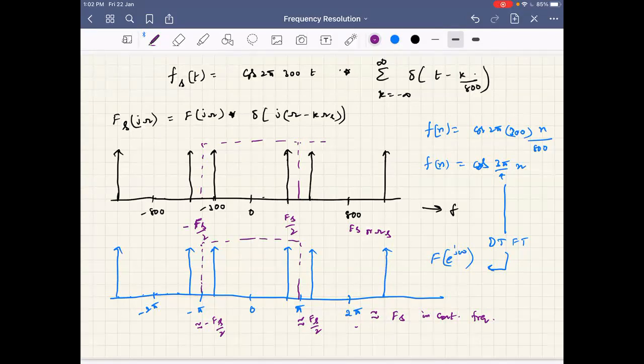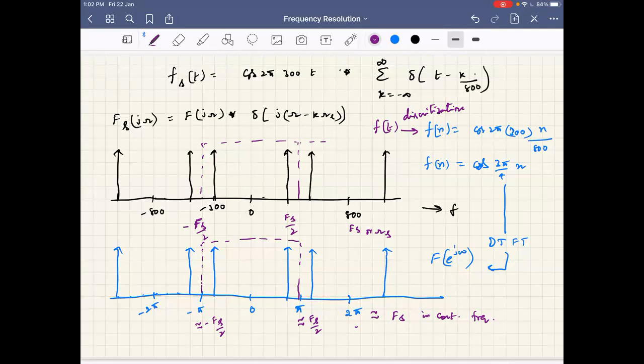What's happening here? From f of t to f of n, when there's a discretization, there is an axis normalization that has happened. So please note and understand this mapping.